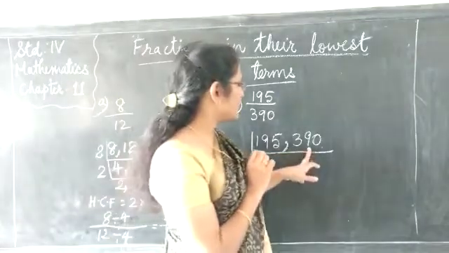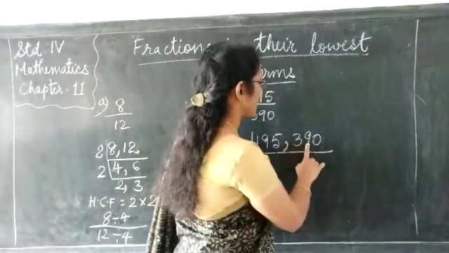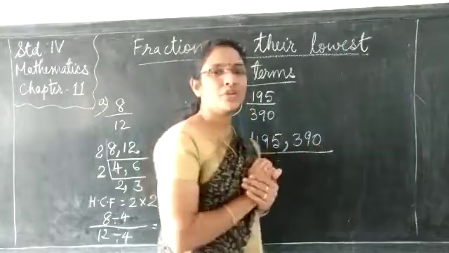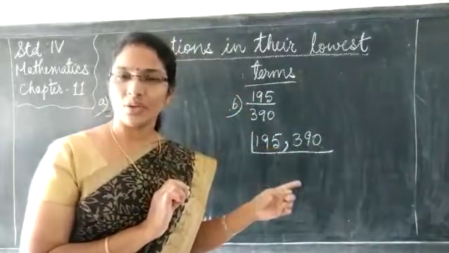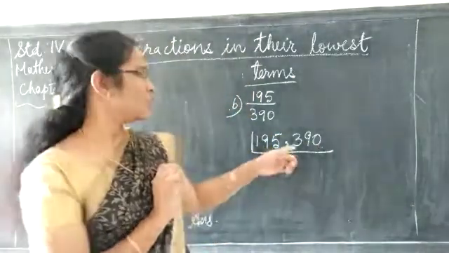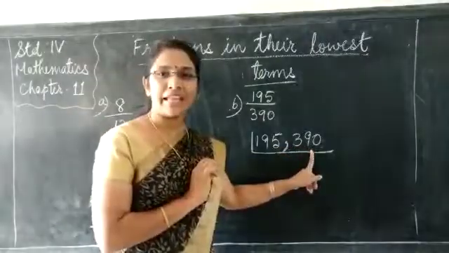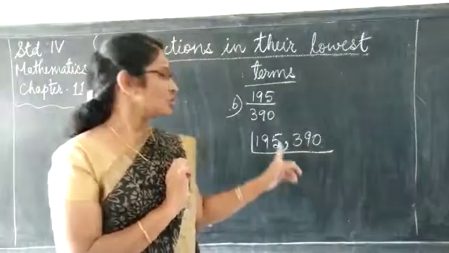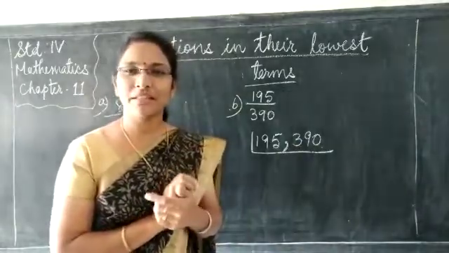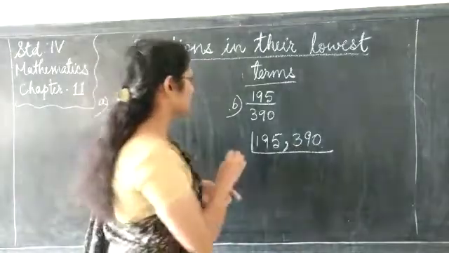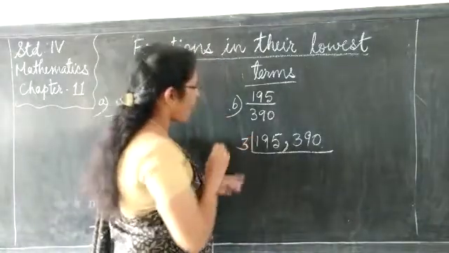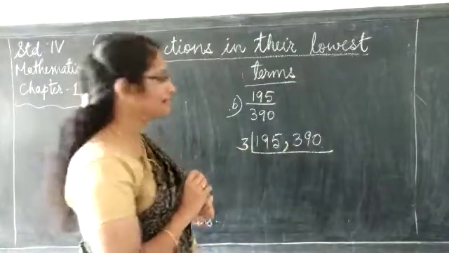Now, the next number also we can try. 3 plus 9 plus 0 is 12. 12 is also divisible by 3. So, we can divide 390 also by 3. So, both the numbers are divisible by 3. So, we are going to continue the process by 3. How many 3s are 19?